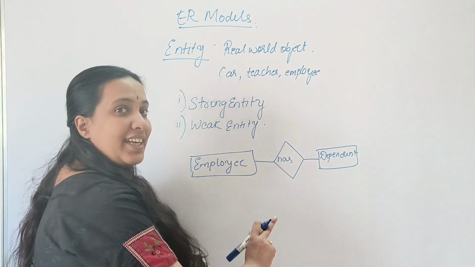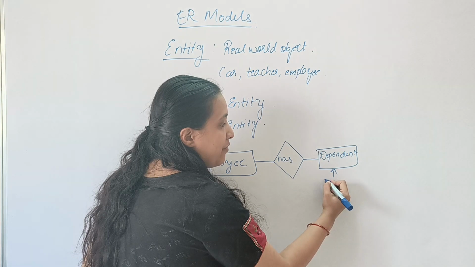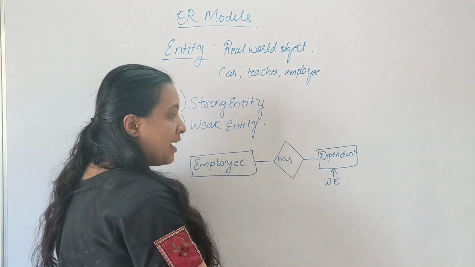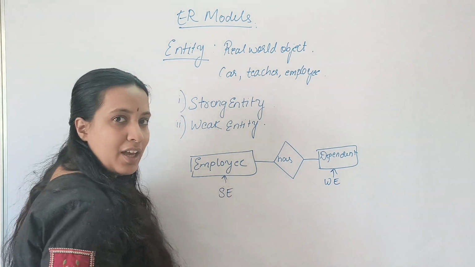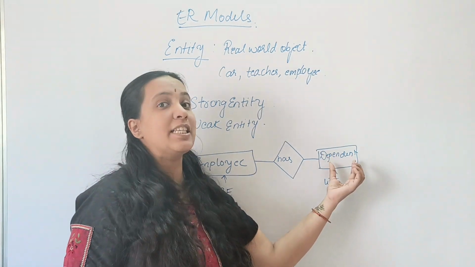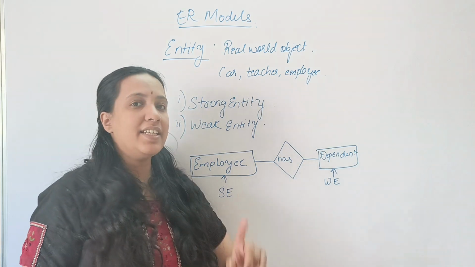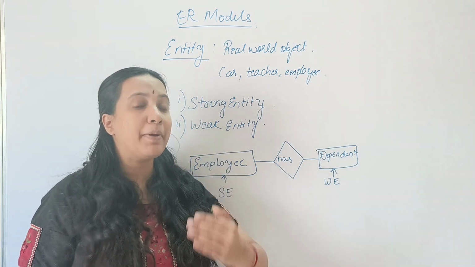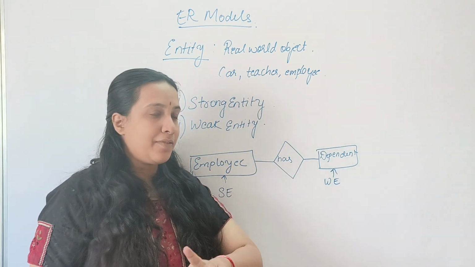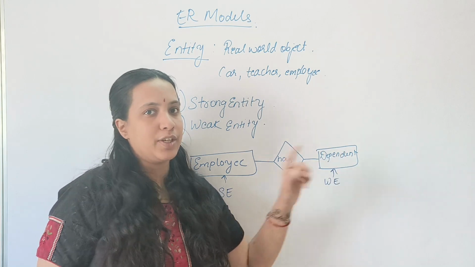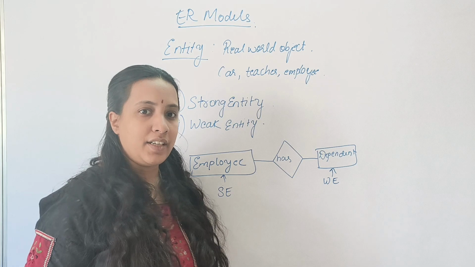So the entity which is dependent is called a weak entity, and this entity is called a strong entity. Now just because the name of the entity is dependent doesn't mean it is a weak entity. Weak entities are those entities which are dependent on another entity. So don't confuse this with the fact that the name of the entity is dependent.